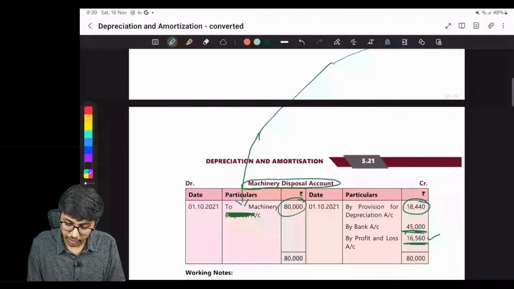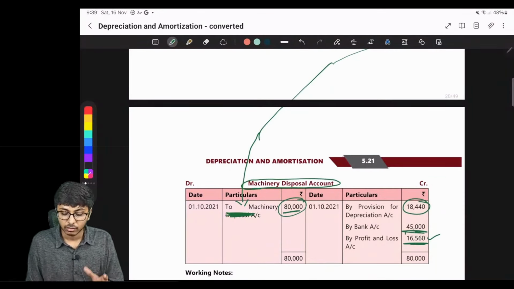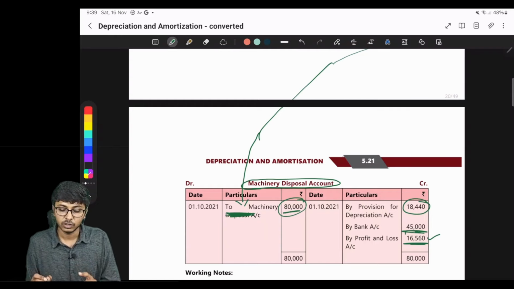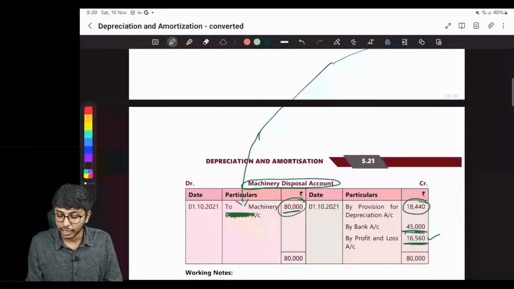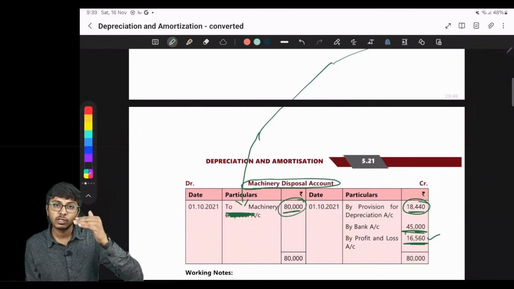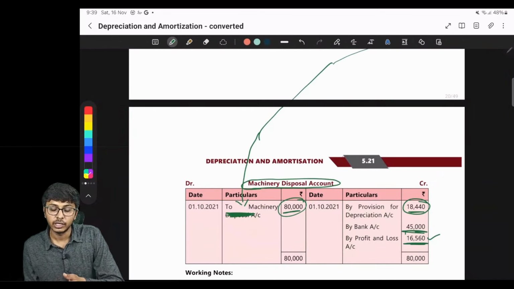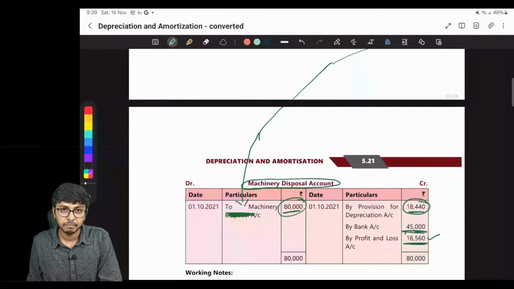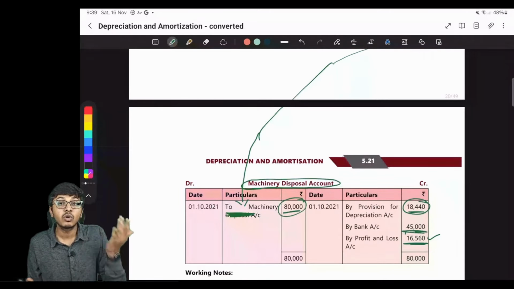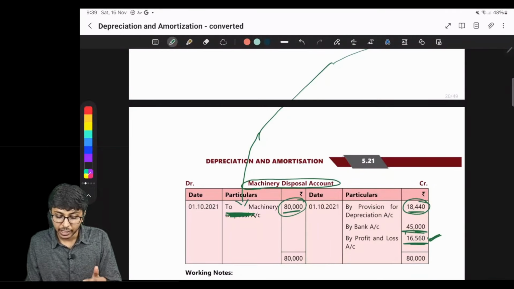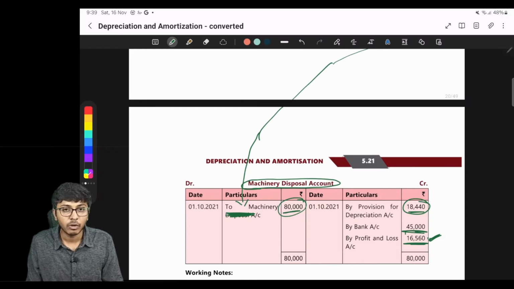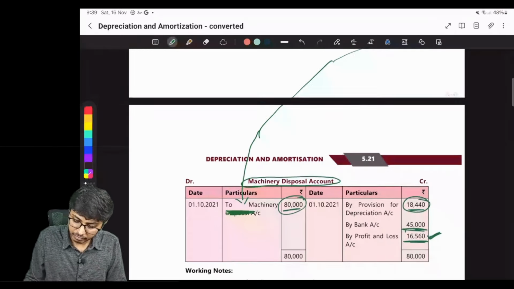The asset moved from machinery account to disposal account at 80,000, and provision for depreciation was 18,440. Then the balance of that asset on that date is 61,560, but I've sold it for 45,000. So what is the loss? The loss is 16,560. This separate account is prepared to find out the profit or loss, and you will calculate in this manner.